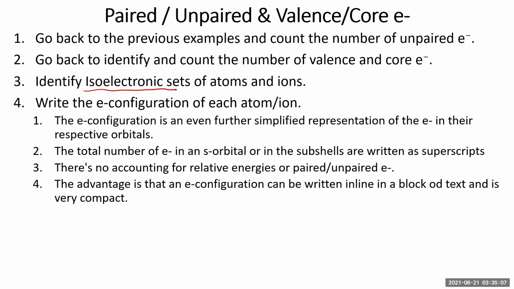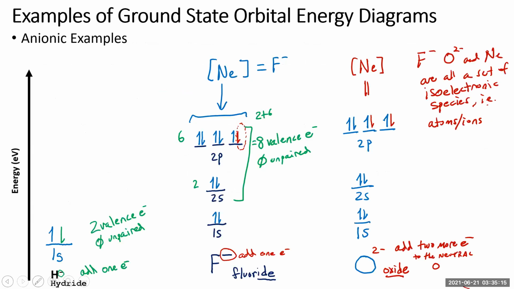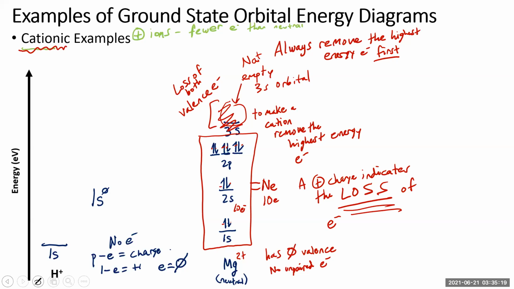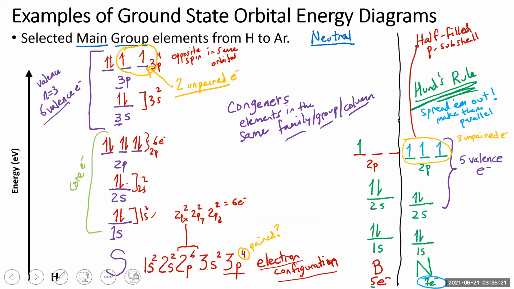Identify isoelectronic sets of atoms and ions. We've already identified a few, if you can spot some more. I haven't actually checked all of them out, but one good place to look is at the neutral elements, and see what you would have to do to other elements around them in order to force them to have the same number of electrons.